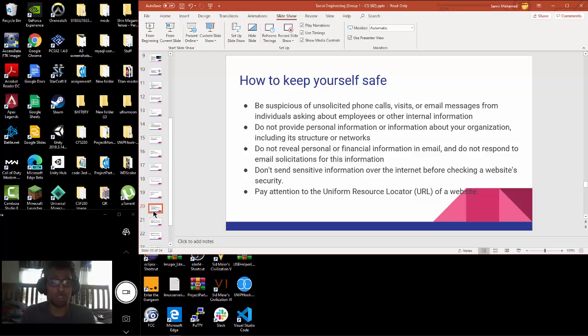Don't respond to those people. Tell them to go to someone else and call them, because that is not what you want to do. Do not provide any personal information. Don't reveal personal or financial information. That's just how it works.